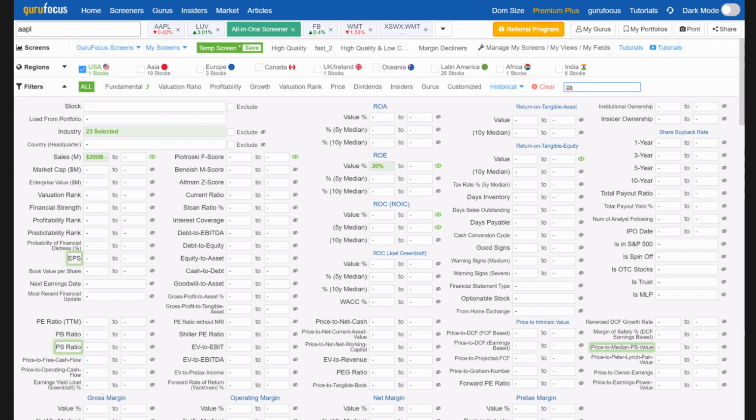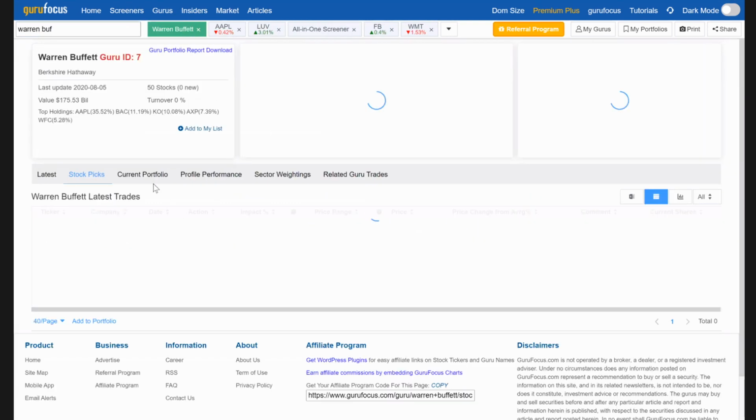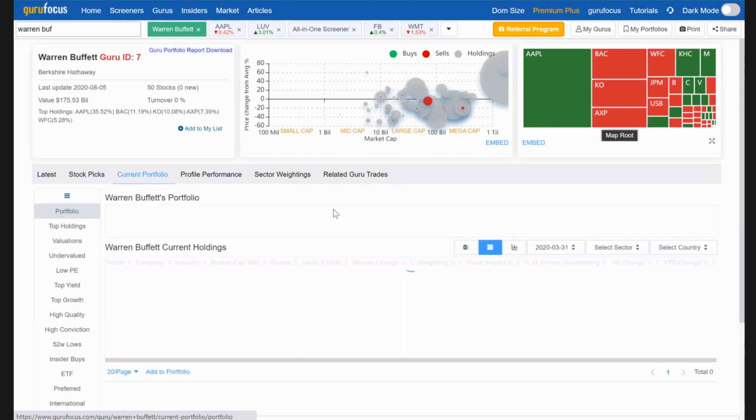Is there a way to make current portfolio top holdings easier to read? It's more difficult to look at others, like top yield. This is a question by Glenn, and I think it means the growth portfolios. If I come to Warren Buffett's portfolio, you want to see the current top holdings.